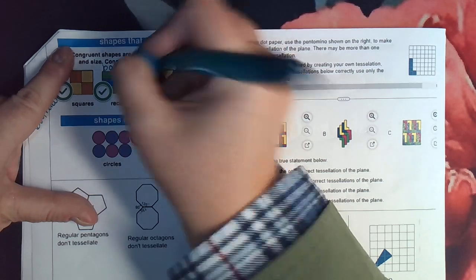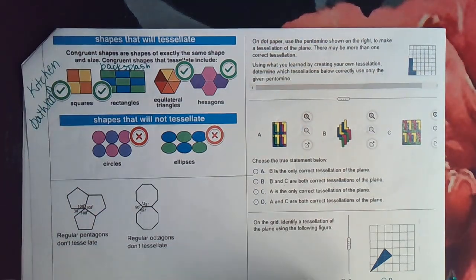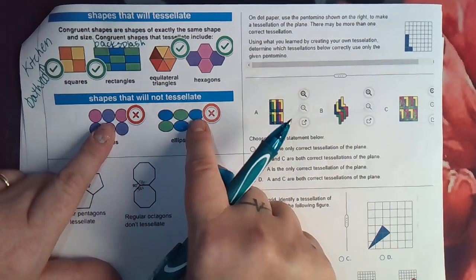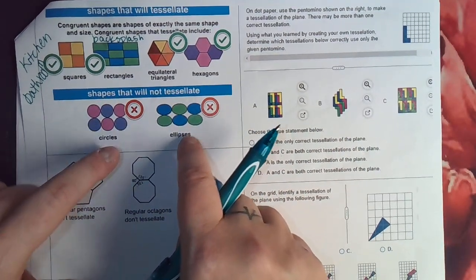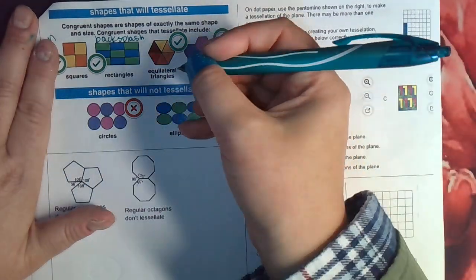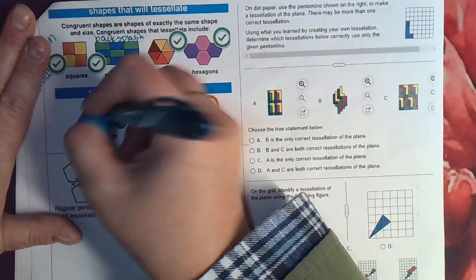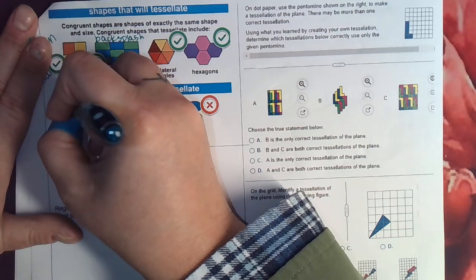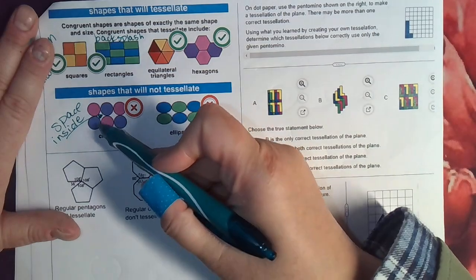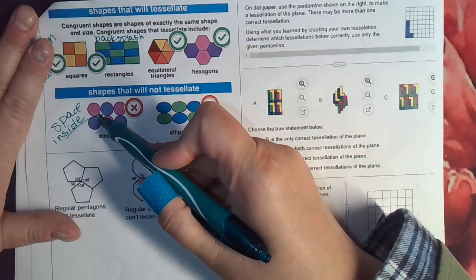And that's exactly what a tessellation is. It's where you can take shapes and fit them together perfectly with no extra space inside. So these two bottom pictures of circles and ovals or ellipses, they're no good because there's space inside, and that space inside does not look like a circle.